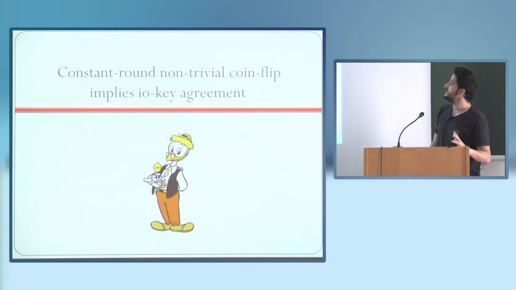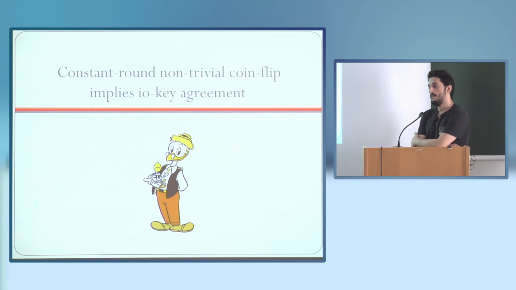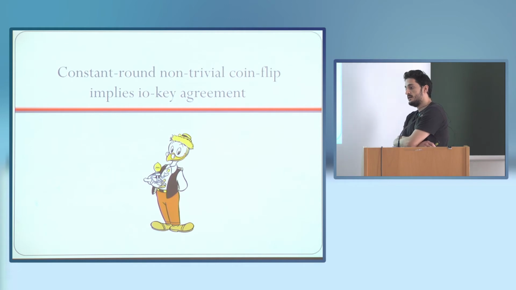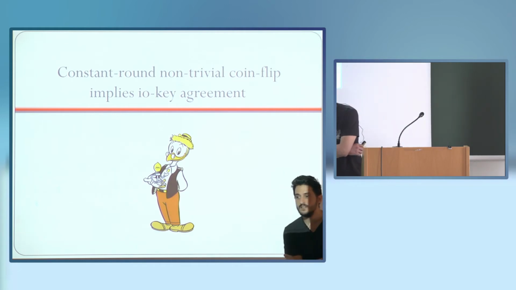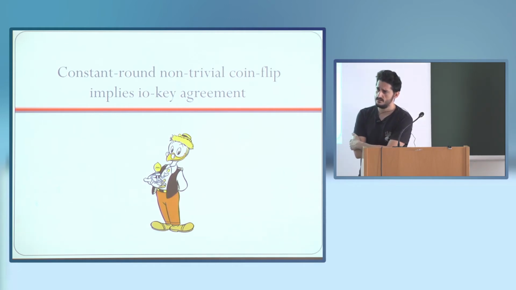Good. So let's try and combine all of these elements to deduce that constant round non-trivial coin flip implies infinitely often key agreement. This will be existential. What does that mean? If I give you a non-trivial constant round coin flip, can you efficiently build me an infinitely often key agreement?